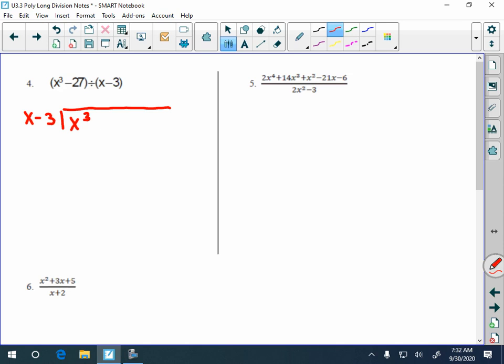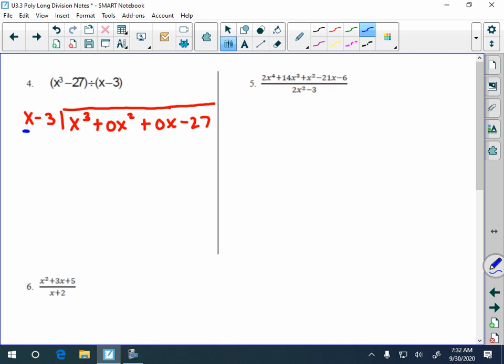So we're missing an x squared and an x. So we're going to put in two placeholders, 0x squared and 0x, and then the minus 27. It's good practice, if you're skipping exponents, to put in a 0x to whatever exponent you're missing.